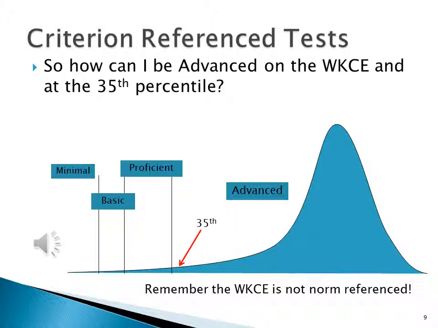Therefore, the distribution shifts dramatically. Sometimes this is called a J-curve. On a norm-referenced test, you will always have the standard bell-shaped curve. In a criterion-referenced test, since everyone has the ability to work towards the criterion, the distribution of students taking it shifts, as you see here.